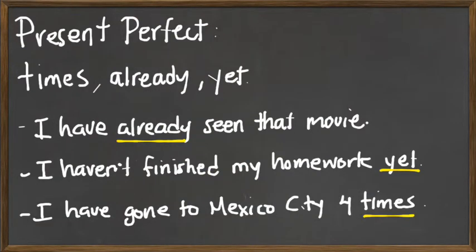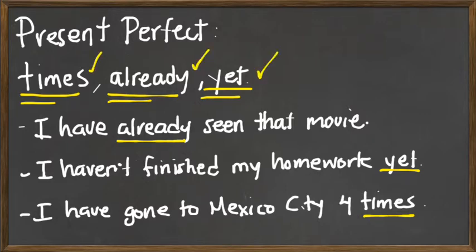If we want to identify these tenses better, we can always guide ourselves by the normal expressions that are used with them. In present perfect, it is very common to use or to express it with times, already, and yet.